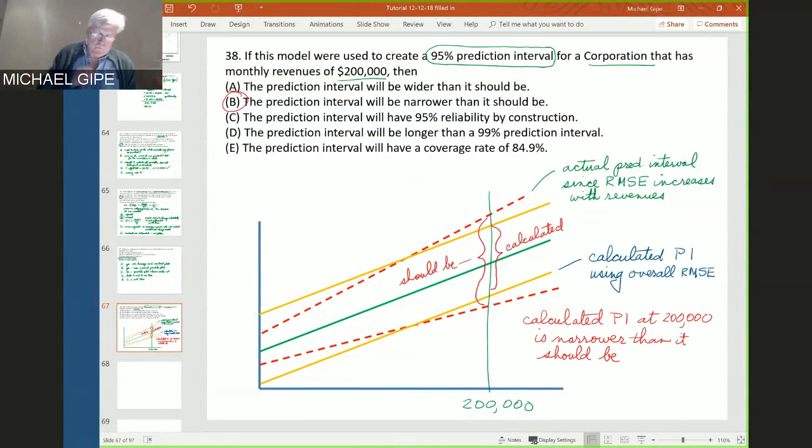And so I can pick directly answer B as the correct answer here. And this is an important one to understand.